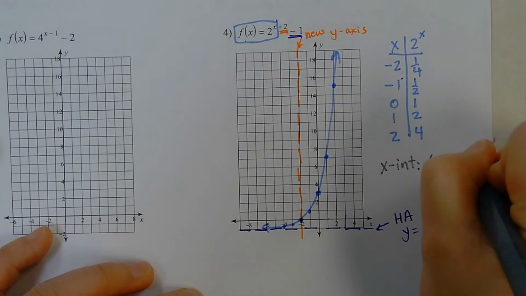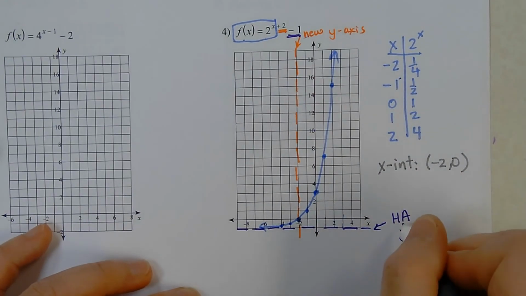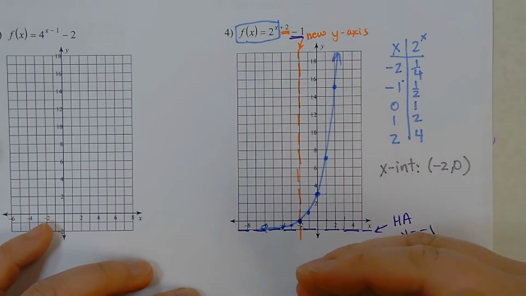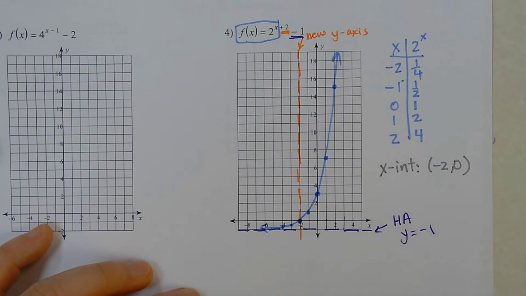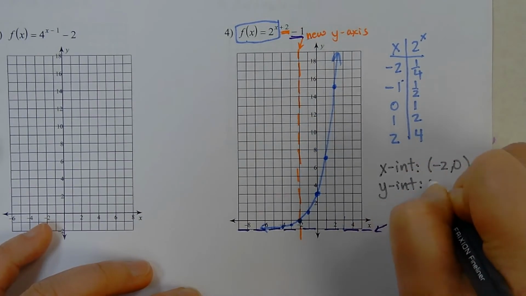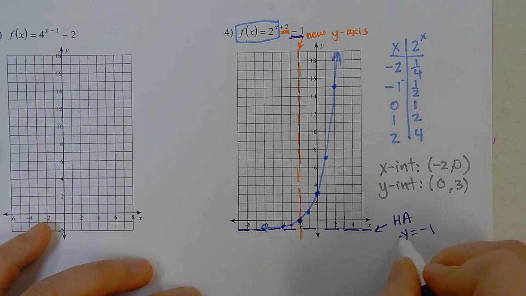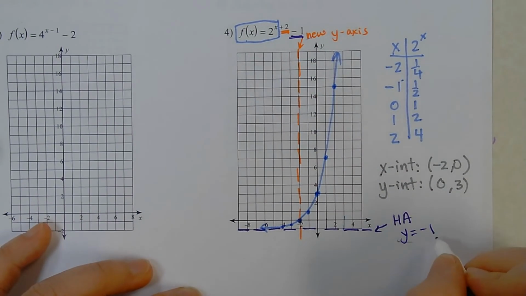Because remember before we did not have an x-intercept, because the horizontal asymptote was on the x-axis, but since it got shifted down, now we can have an x-intercept. And then the y-intercept is going to be at 0, 3. Horizontal asymptote is at y equals -1.